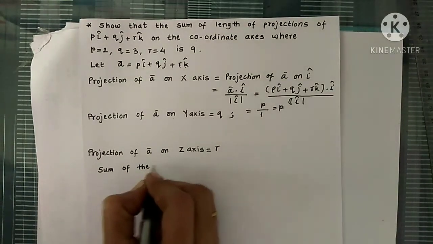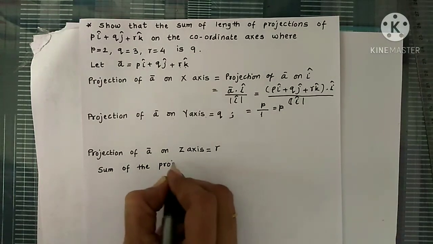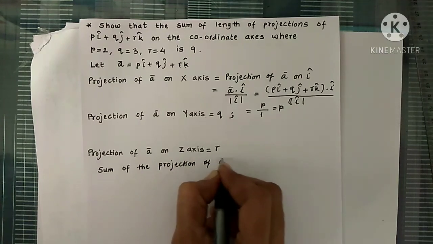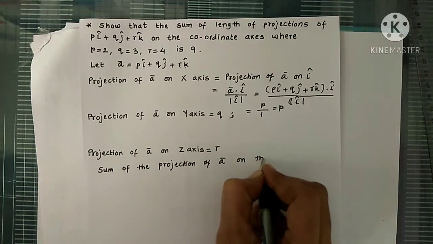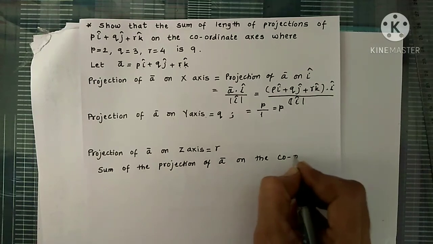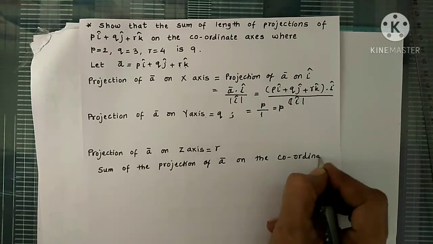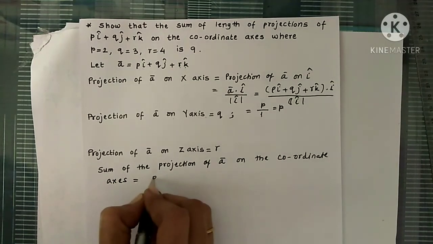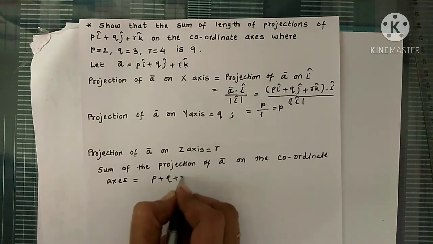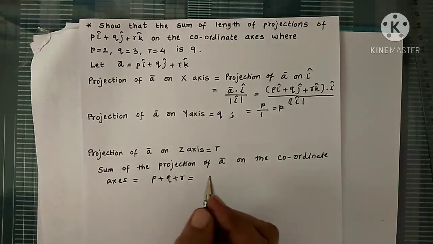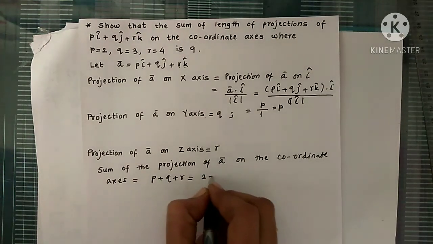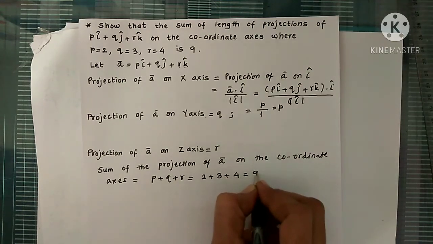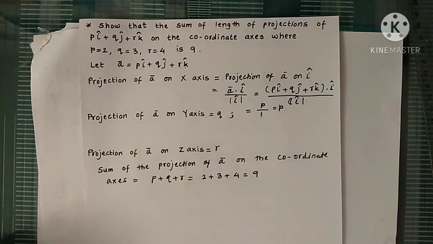So sum of the projections of A bar on the coordinate axis equals P plus Q plus R, and values of P, Q and R are given as 2 plus 3 plus 4, which is 9. So hence proved.